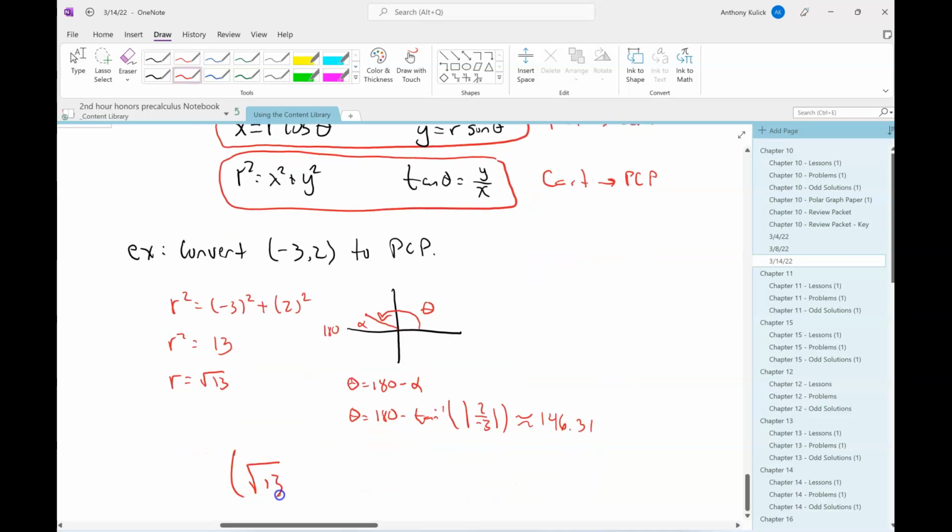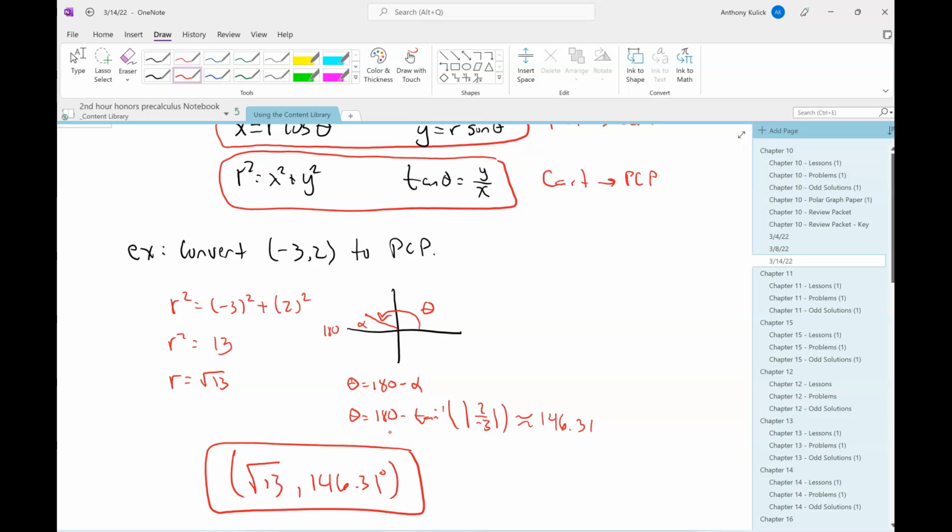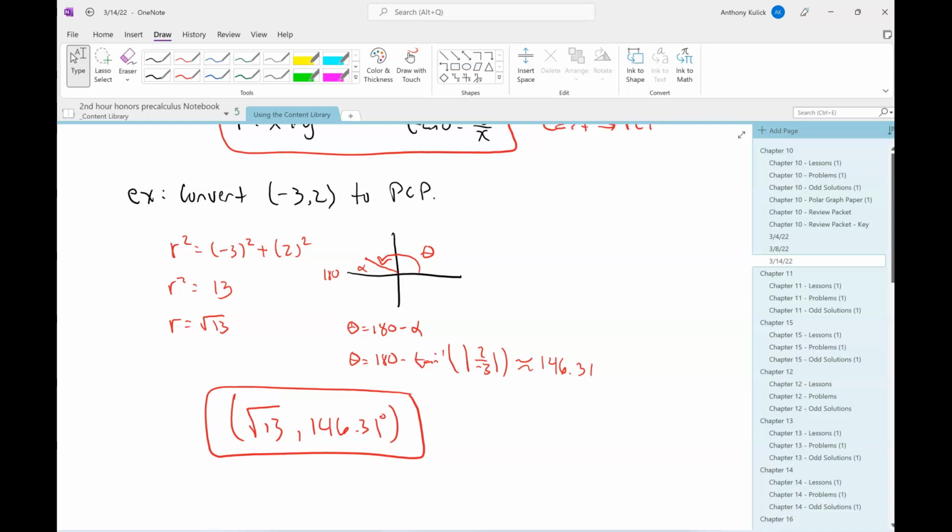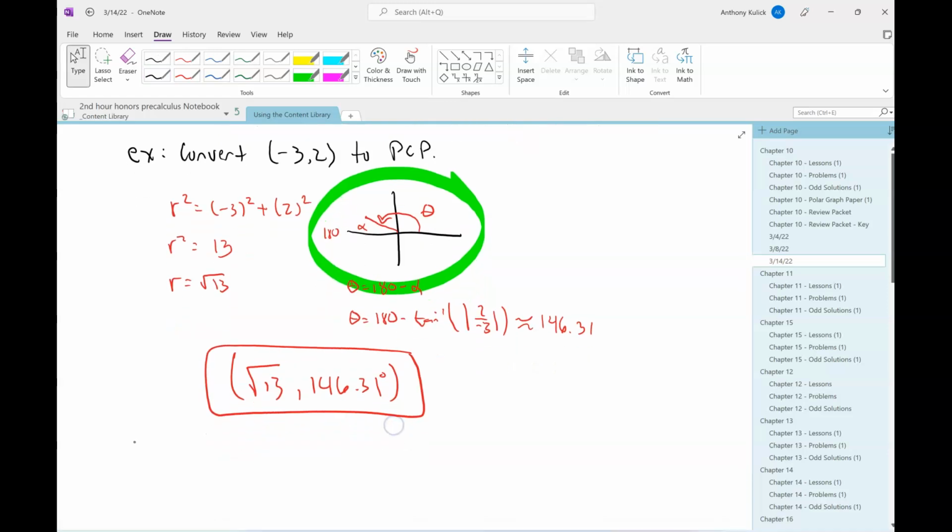So I have square root 13, 146.31 degrees. What do you think? How many times have we done a little problem like this? Boy, it feels like that's cropped up in almost every chapter.